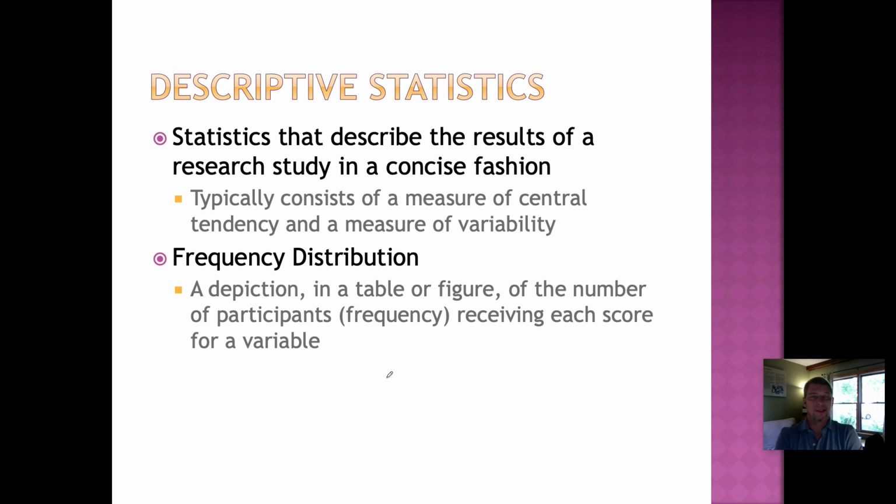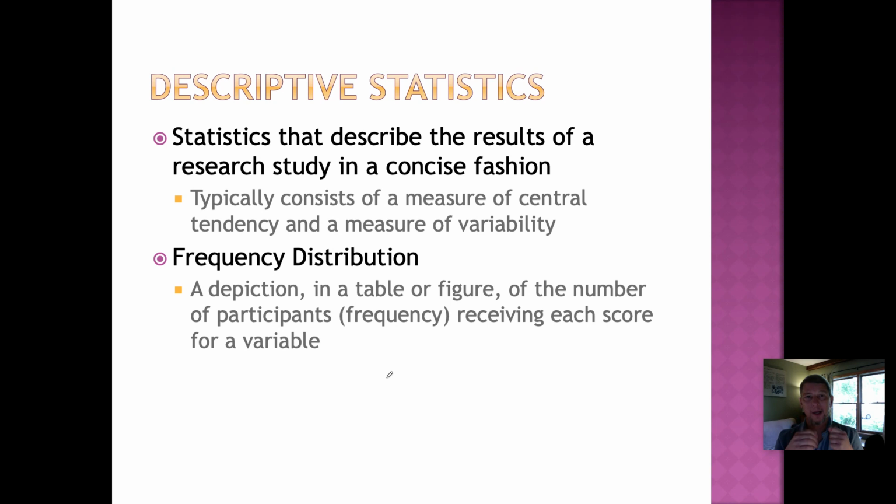Now, statistical analyses take place in a number of different ways, but generally speaking, there are two kinds of statistics. The first is what we call a descriptive statistic, and these are simply things that describe the results of a research study in a concise fashion. All right, they're just descriptive. They're not comparative.